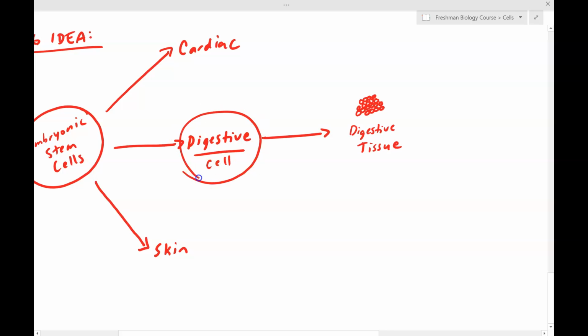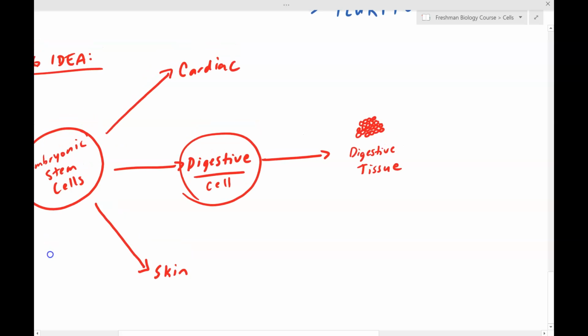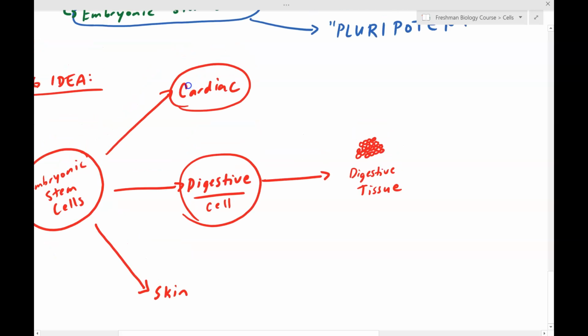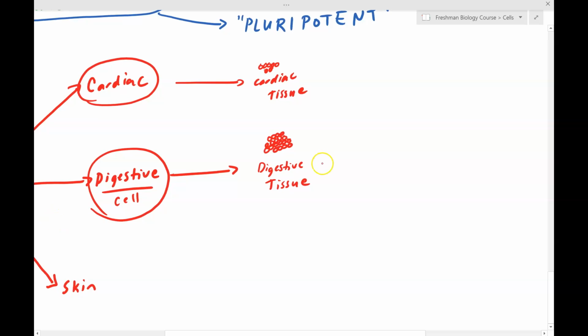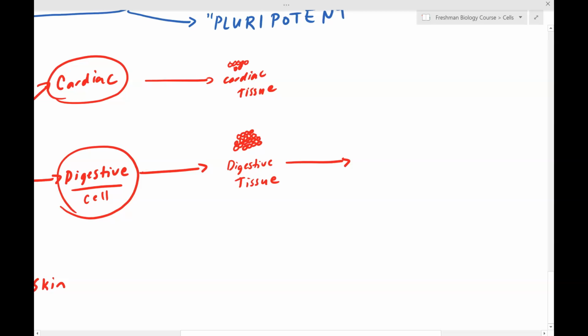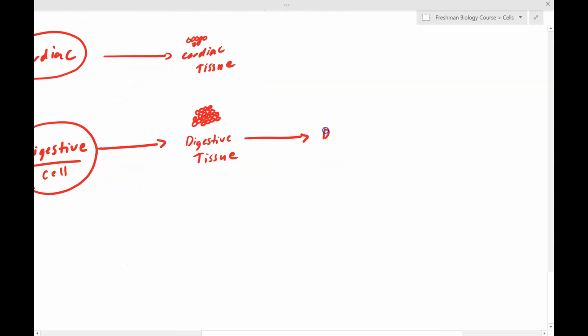So right here I have my individual digestion cell. Same thing would happen with a cardiac cell. I'd have some individual cardiac tissue, right? Okay. Now then we're going to move from digestive tissue. We get a bunch of digestive tissue together, and that is next going to form a digestive organ, such as maybe the stomach, all right, or the large intestine, perhaps, all right.